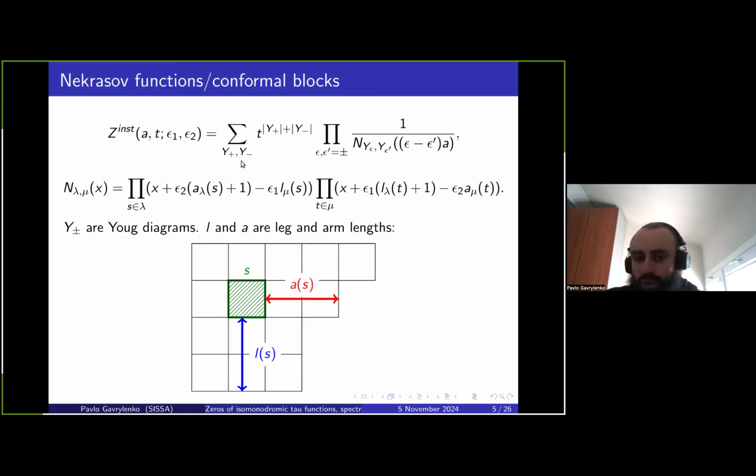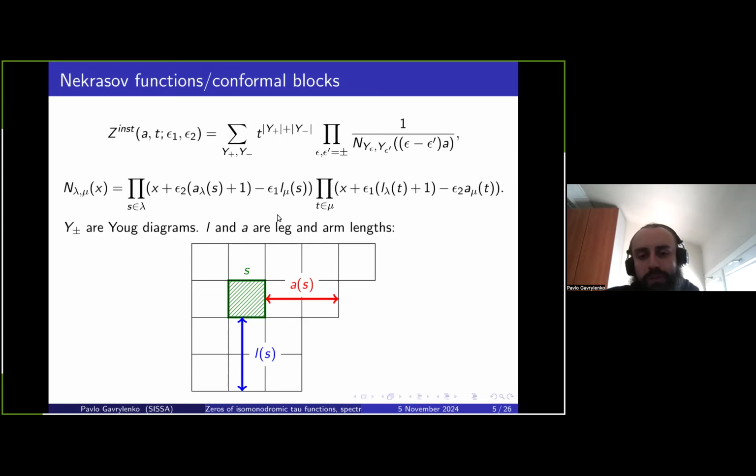There's a sum over pairs of Young diagrams, y plus and y minus, and the sum is the following function: a product of the following functions of two Young diagrams. So it's some function of two diagrams and one complex number.